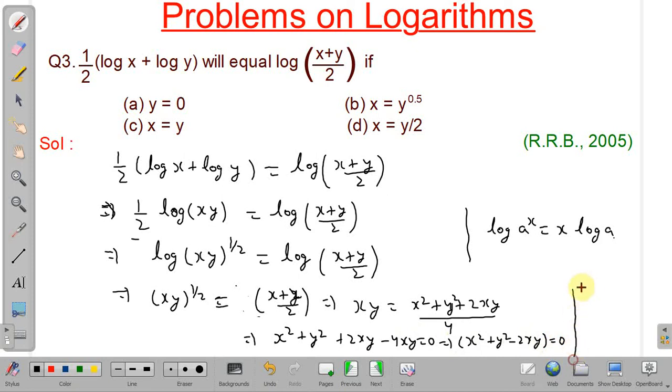This is nothing but (x minus y) whole square equal to 0, therefore x should be equal to y. So our answer will be option number C.